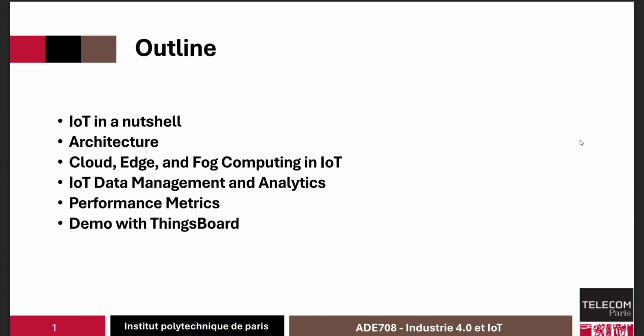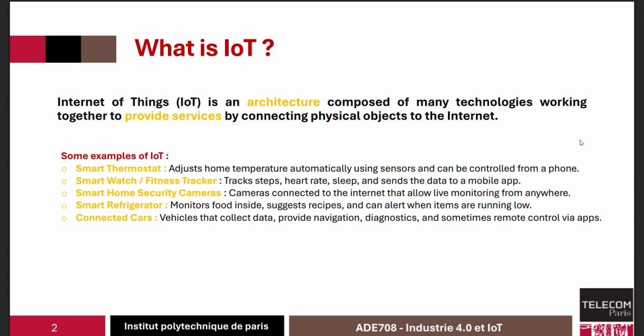So let's start with the quick definition. What is IoT? As you know, it's Internet of Things, but more specifically, it's an architecture composed of many technologies working together to provide services by connecting physical objects to the internet.